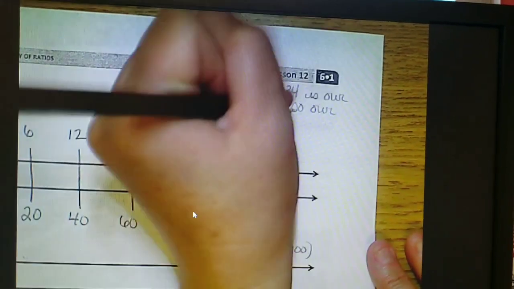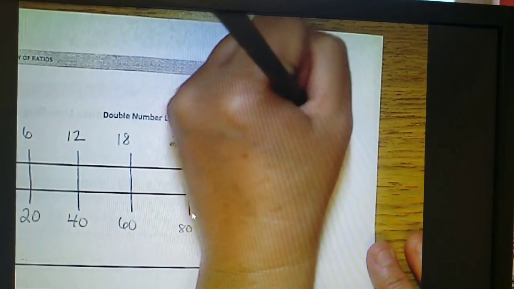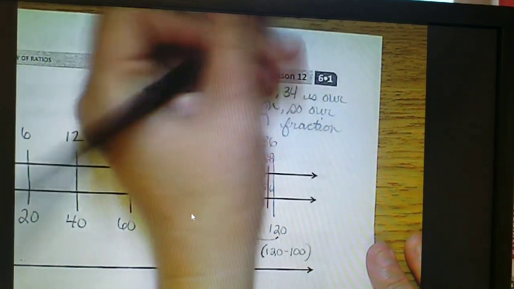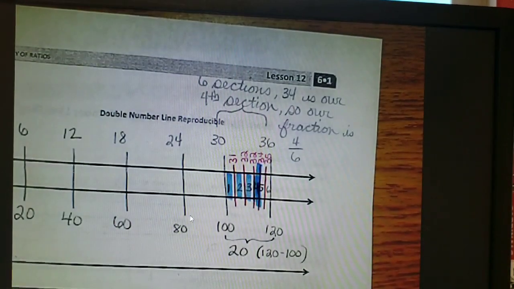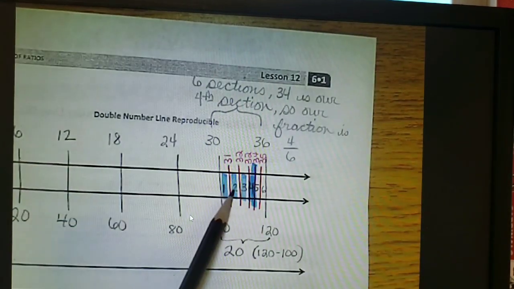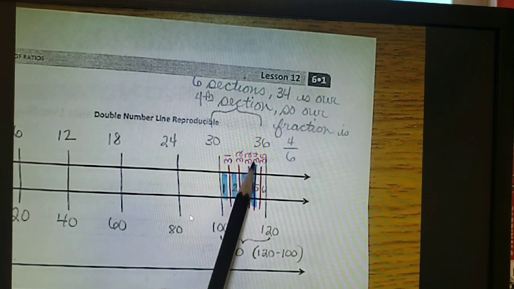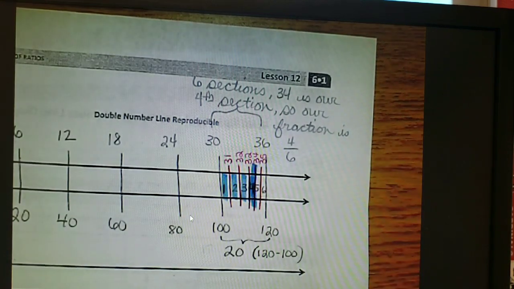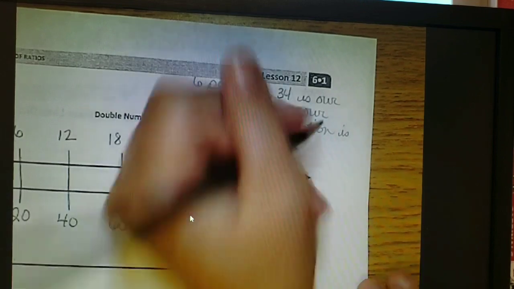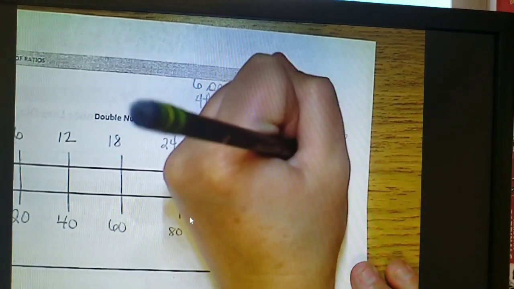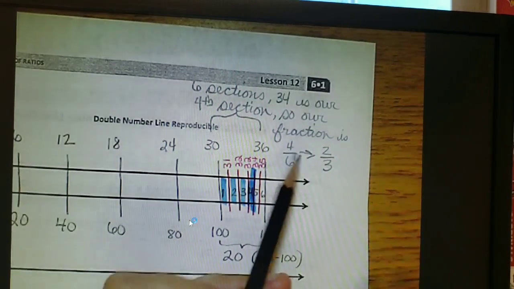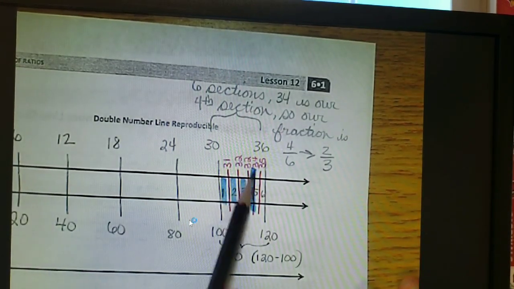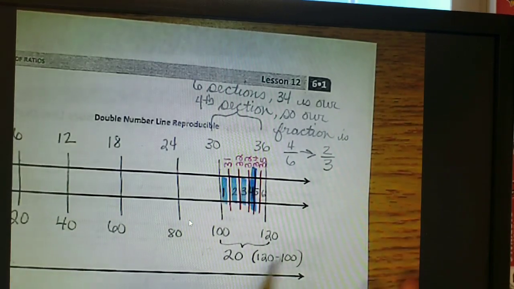Okay, so our fraction is 4/6. There's 1, 2, 3, 4 sections before we get to 34 out of 6. That's this whole chunk right here. And this reduces down to 2/3. Okay? So now we know that this is 2/3 of this chunk right here.